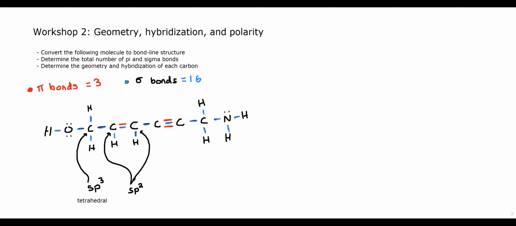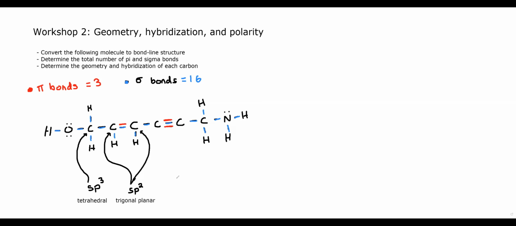And both of these carbons are connected to how many things? 1, 2, 3 different things. They have 3 substituents. How do 3 substituents spread out around an atom? In a plane and 120 degrees apart. So trigonal planar. Okay, sp2 hybridized, trigonal planar for those two.